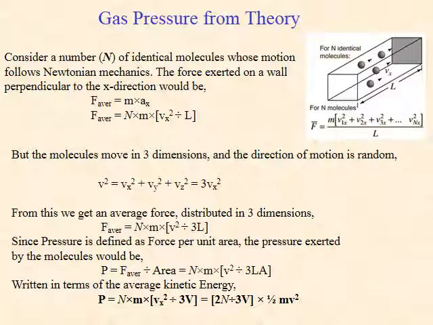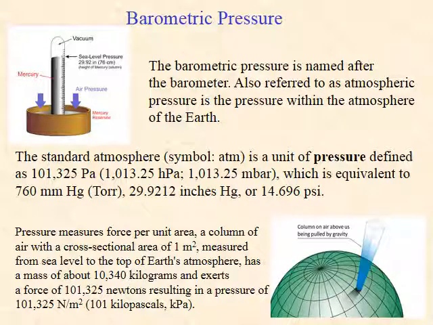This allows us to replace the velocity in the x direction with a generic velocity, v squared divided by 3. Then we use the definition of pressure, which is force per unit area. Note that length times area is a volume. After rearranging the equation, we can write it in terms of the average kinetic energy of the particles in a gas sample.